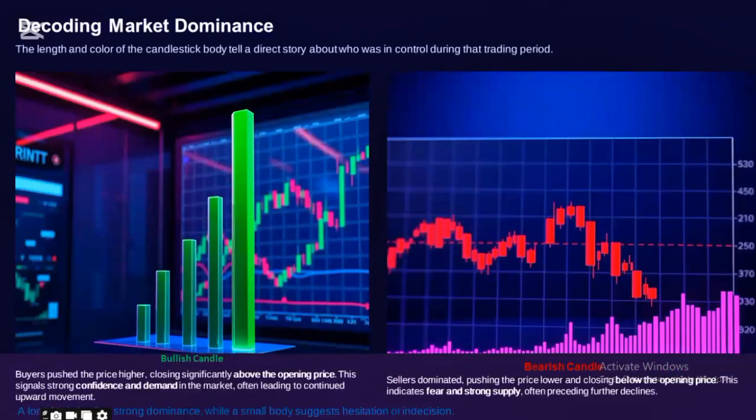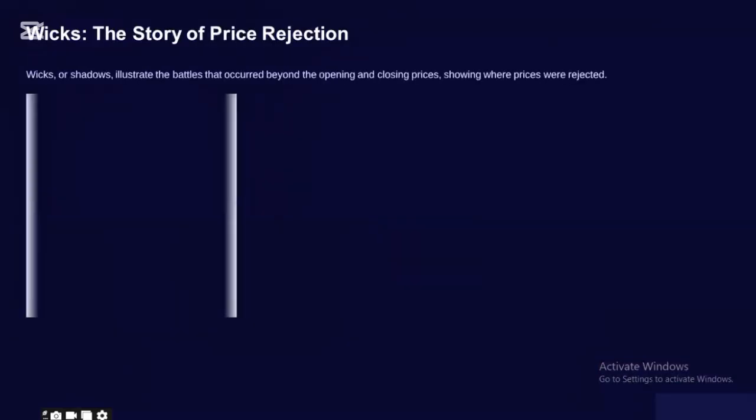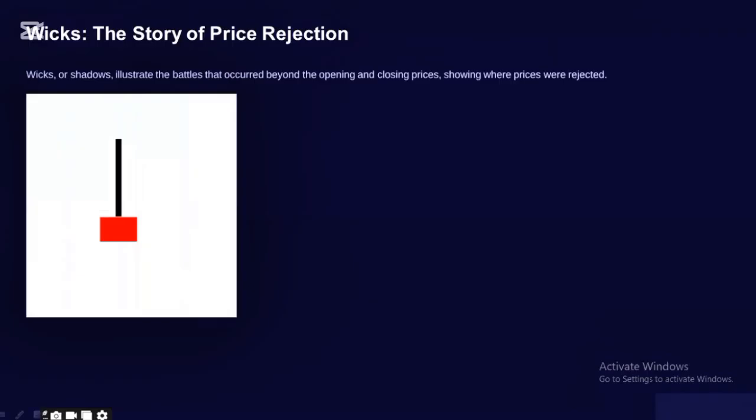So we've explained this. Now, wicks. The wicks tell the story of price rejection. It simply means that the wick will tell you where price rejected from. At a particular point in time, based on this candlestick here, this is a red candle. Now, please jot this down.